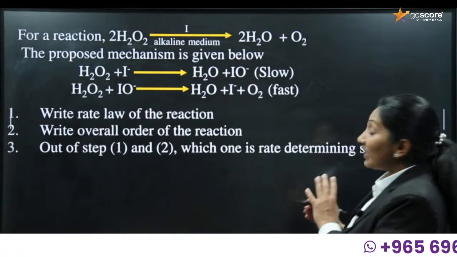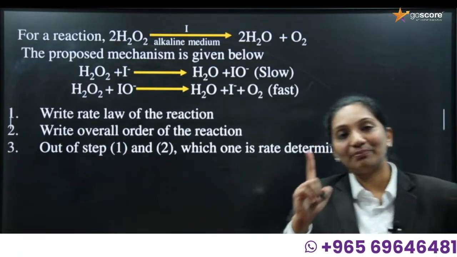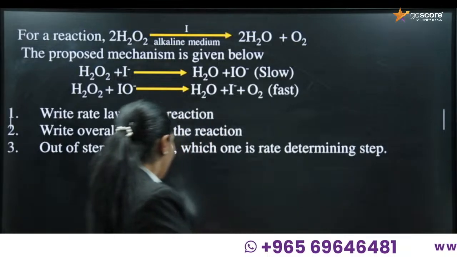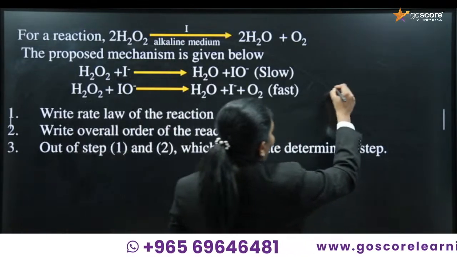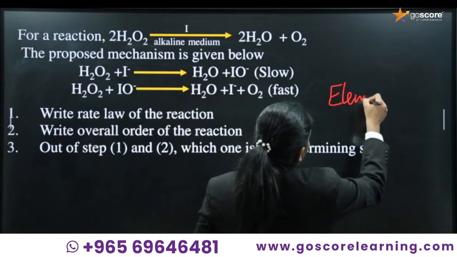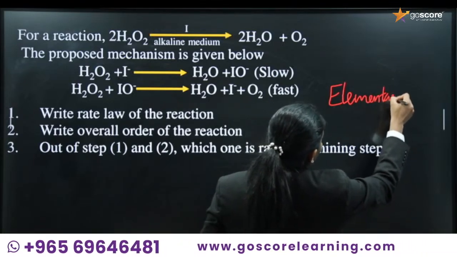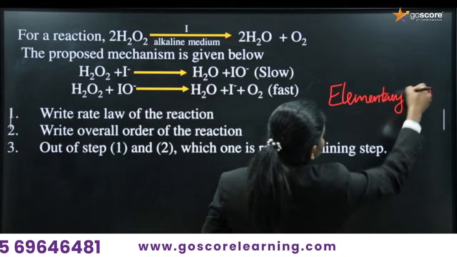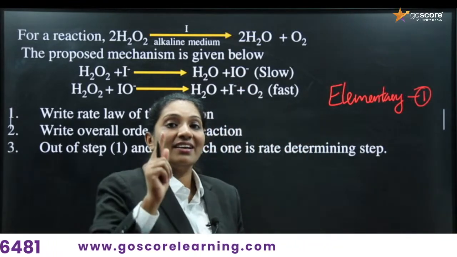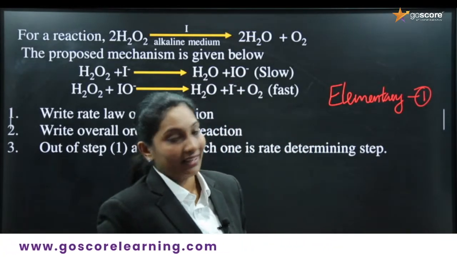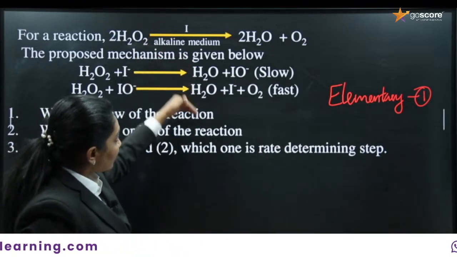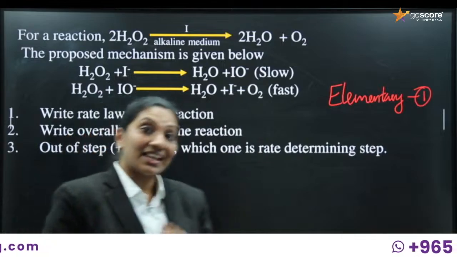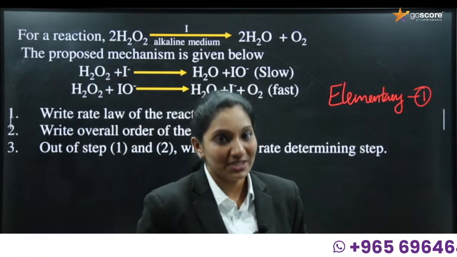So, reactions that take place in a single step, we call such reactions elementary reactions. So, what do you mean by elementary reactions? Those reactions which take place in a single step. Okay. For this reaction, the mechanism of the reaction is given below and this reaction takes place in 2 steps.